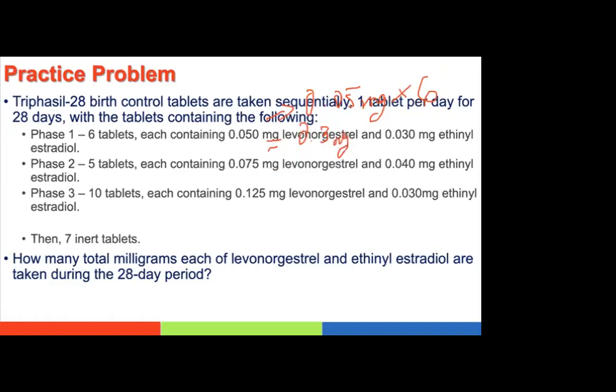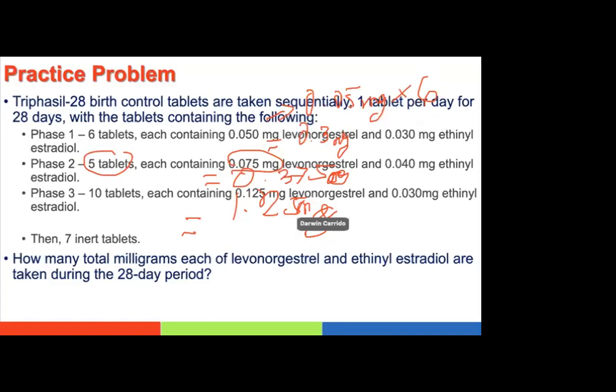Okay, how about for the second phase? So just multiply 0.075 by 5 tablets and the answer there is 0.375 milligram. Tama. And final, third phase, 10 tablets multiplied by 0.125 milligram. What's the answer? 1.25 milligram.